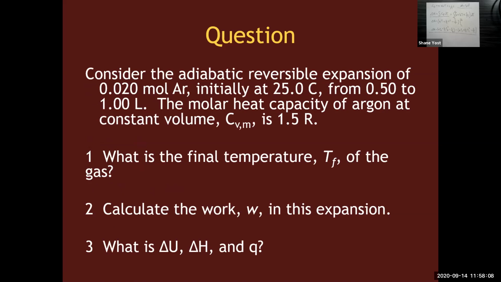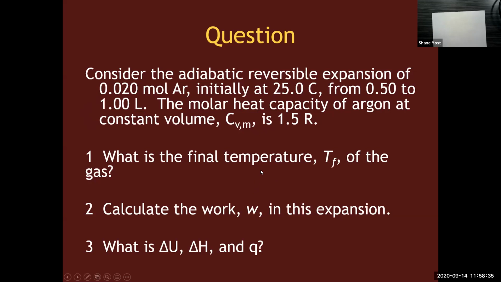All right. So now a numerical example. Consider the adiabatic reversible expansion of 0.02 moles of argon initially at 25 degrees Celsius from 0.5 to 1 liter. The molar heat capacity, C_V,m, is 1.5 R. The questions are: what is the final temperature? What is the work done?